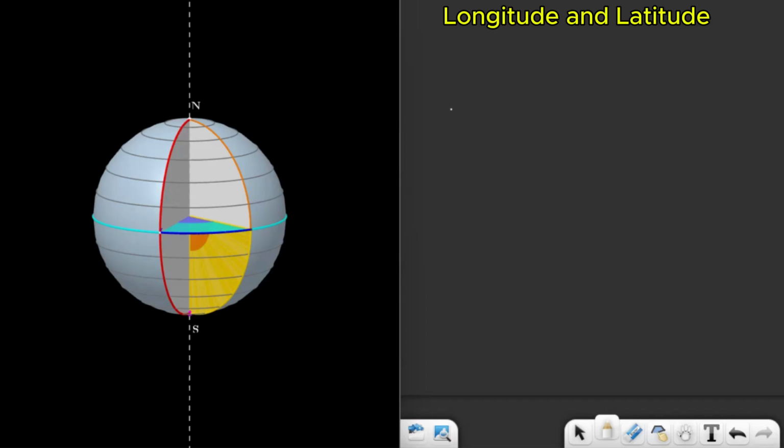All right, so now we understand some of the key features of the Earth. With this, a combination of latitude and longitude will help us to define the position or location of any object on the surface of the Earth. It acts like a coordinate system, just like in our coordinate system, where we use a combination of x and y to define a point on our plane.